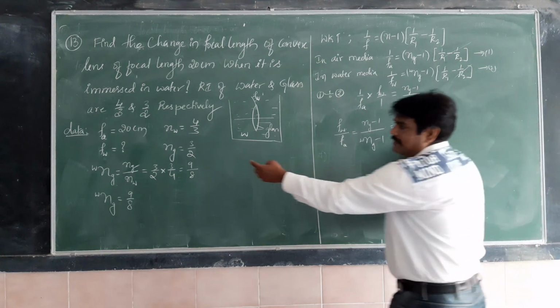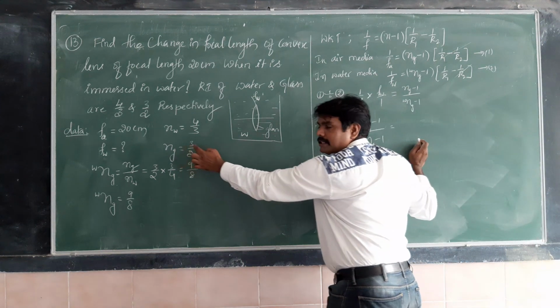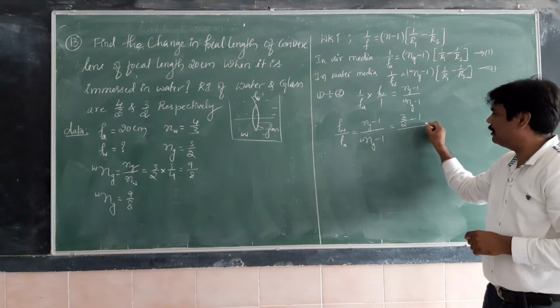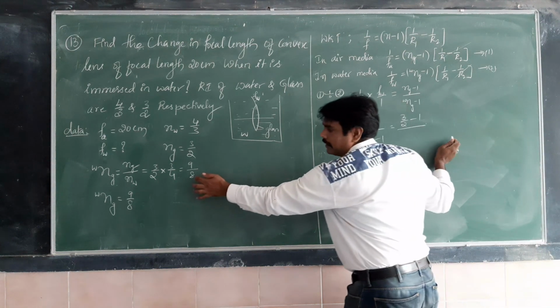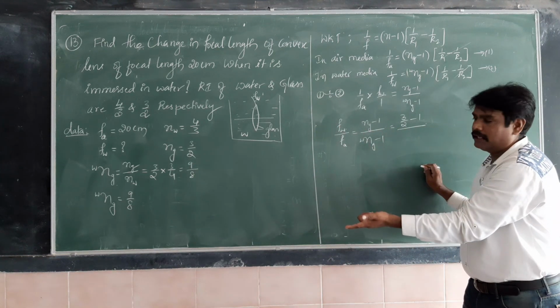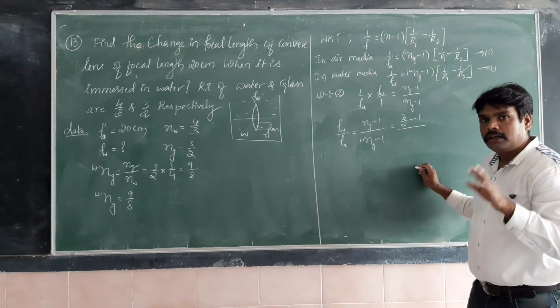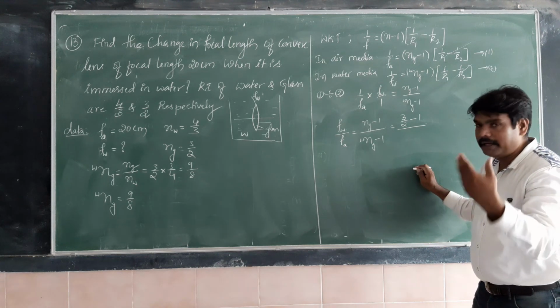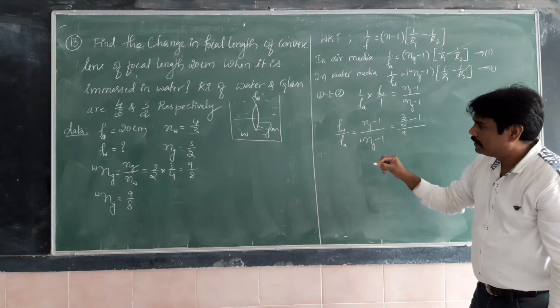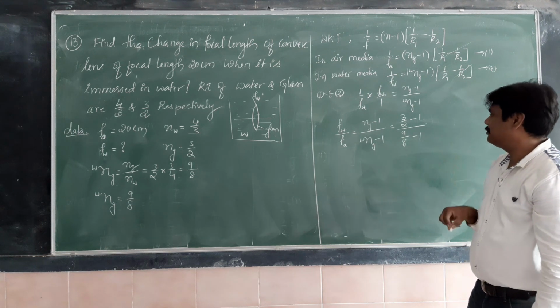The refractive index of glass is given as 3 by 2. So 3 by 2 minus 1, divided by glass divided by water, not water by glass, because the refractive index rule says that the second medium with respect to the first medium we have to take. That's why it is 9 by 8 minus 1.